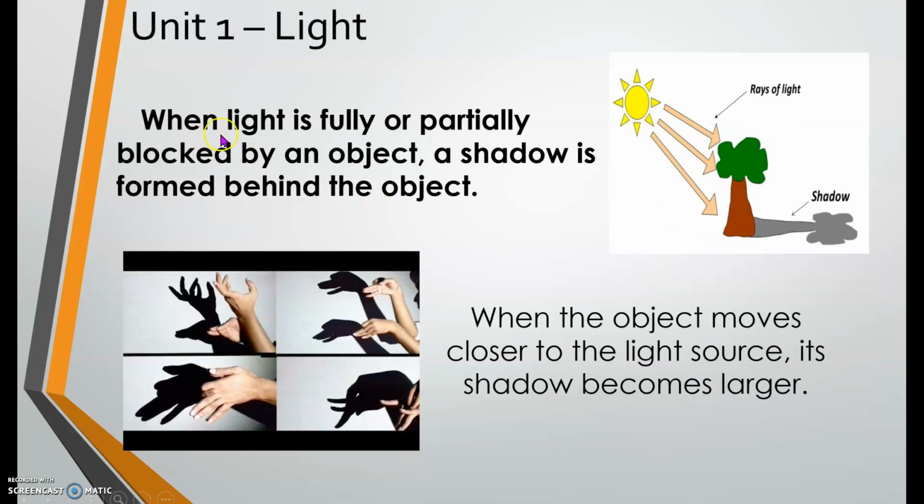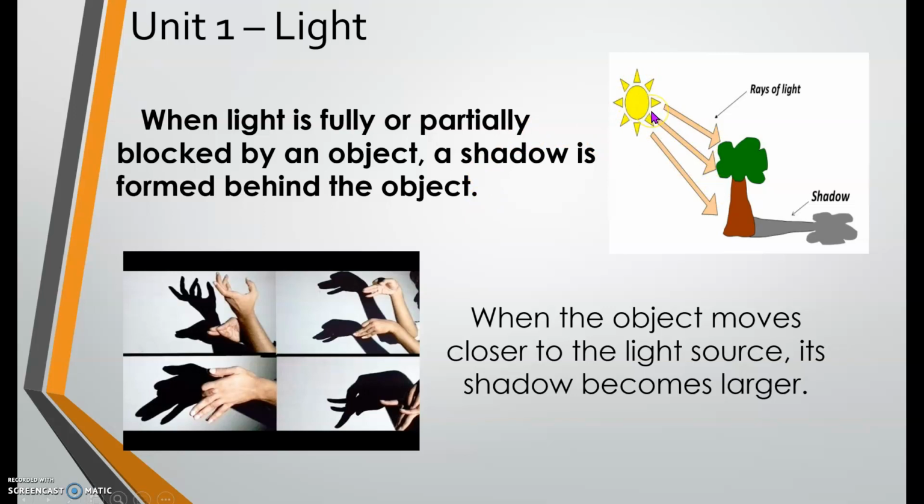Repeat after me. When the light is fully or partially blocked by an object, a shadow is formed behind the object. Very good. So we can see the picture here again.